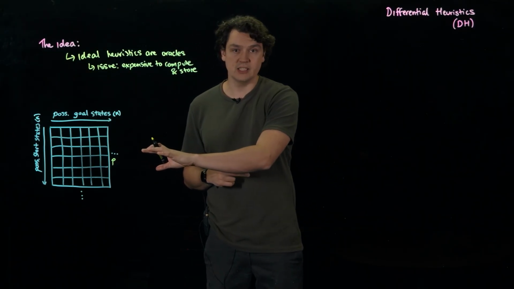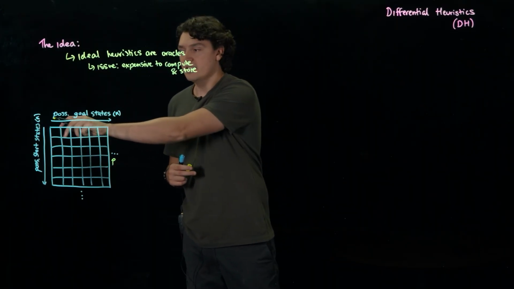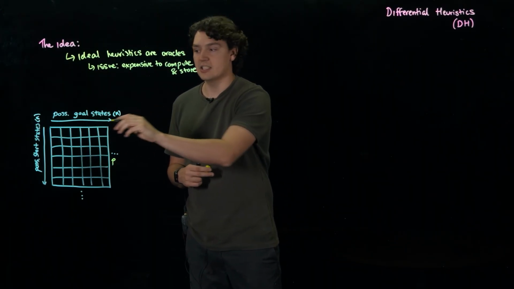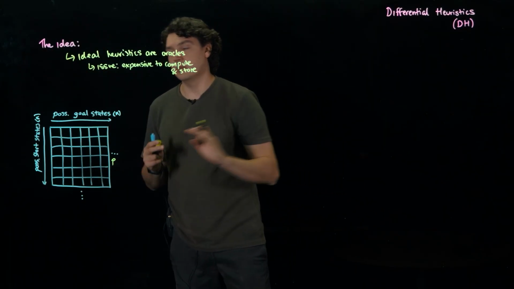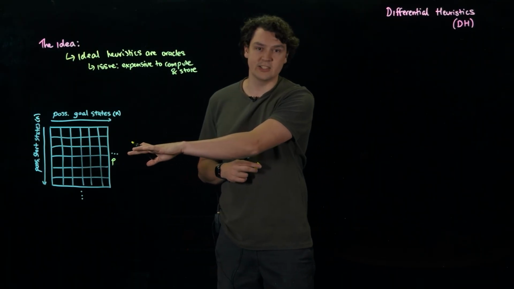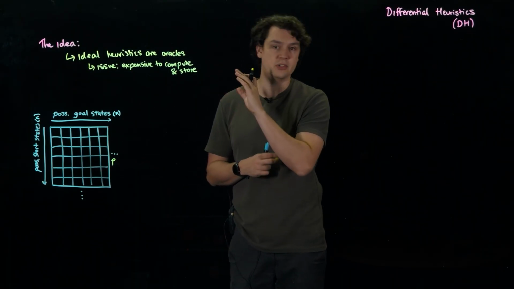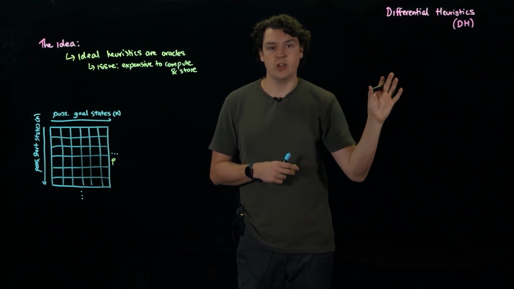Similar to CPDs, if you haven't watched that video, note that in the table I'm drawing up here, the x-axis is all possible goal states and the y-axis is all possible start states. This is often quite confusing the first time students look at it. Say we have a regular 3x3 grid.